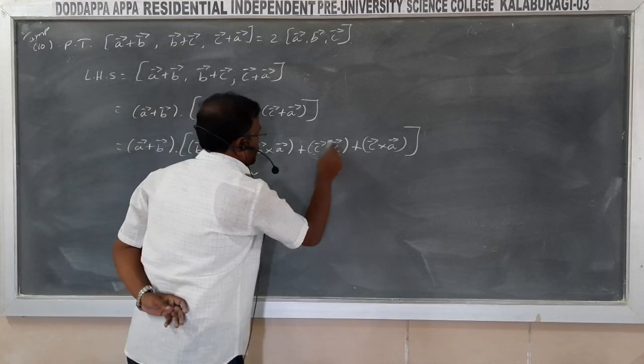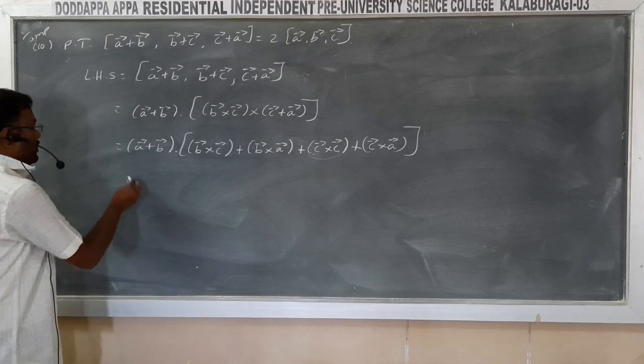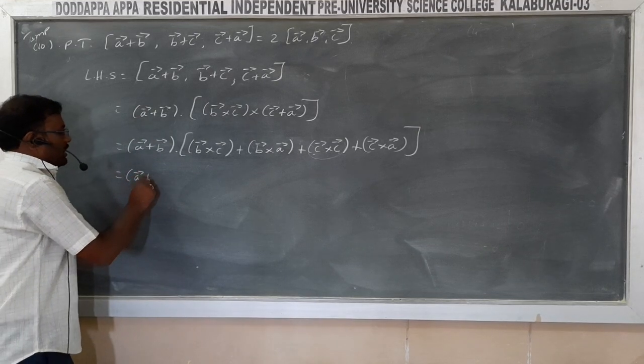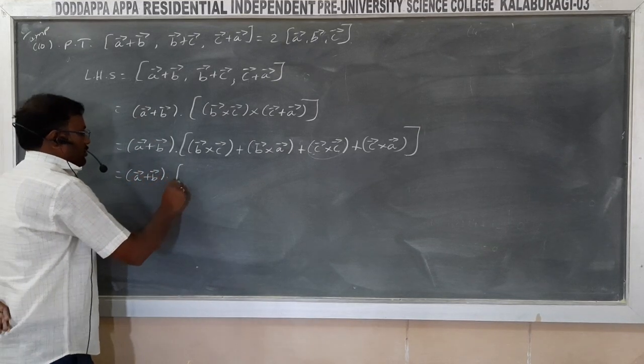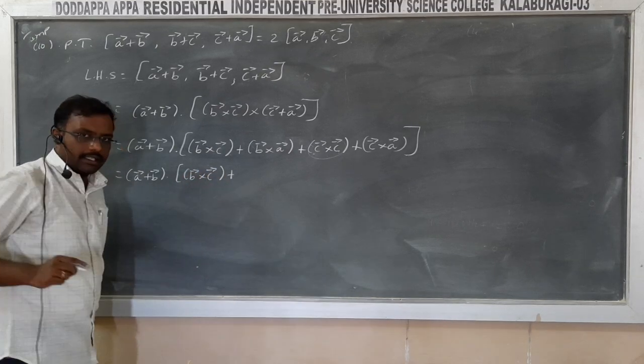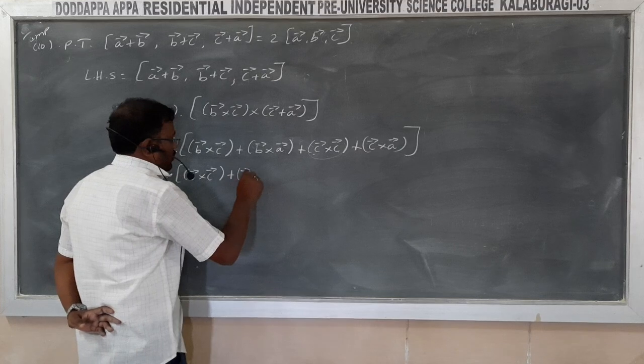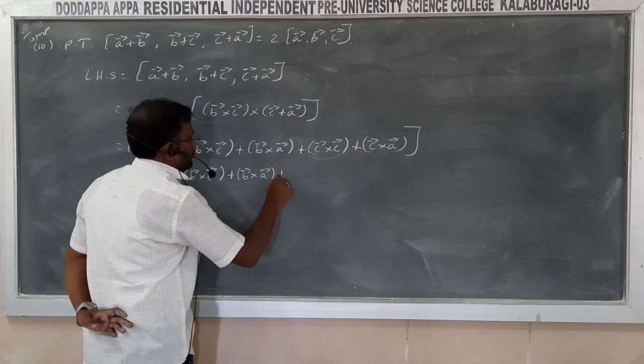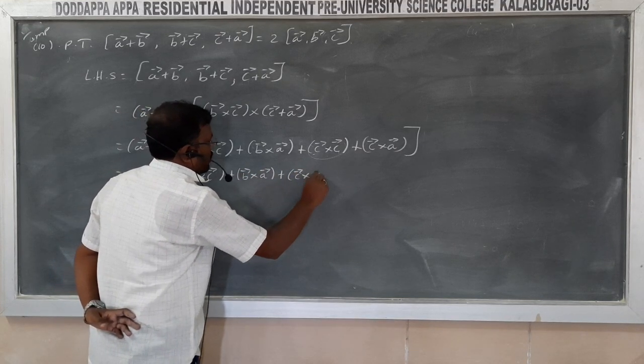This whole term is 0. So the remaining value is A plus B dot B cross C plus B cross A plus C cross A.